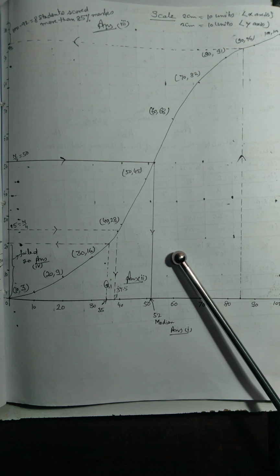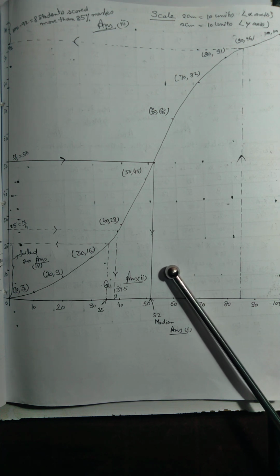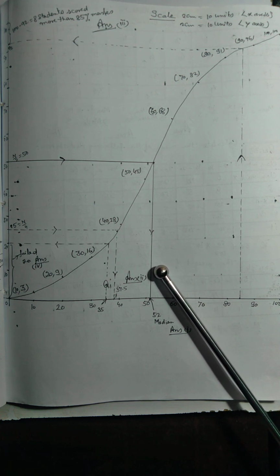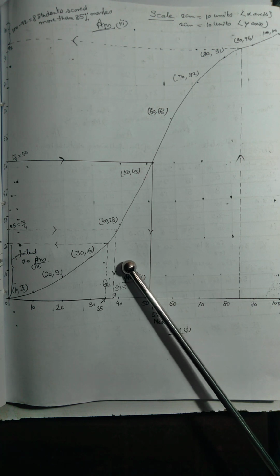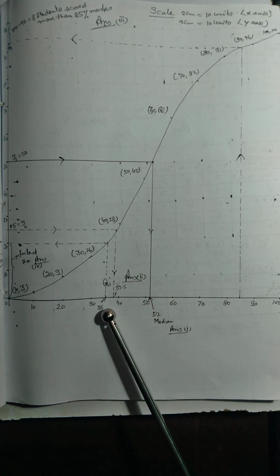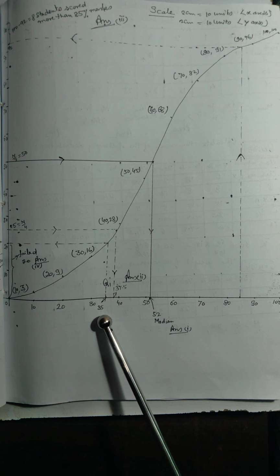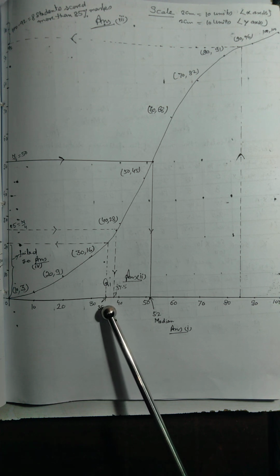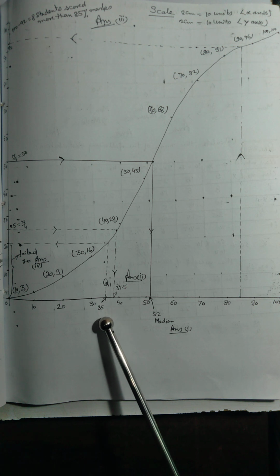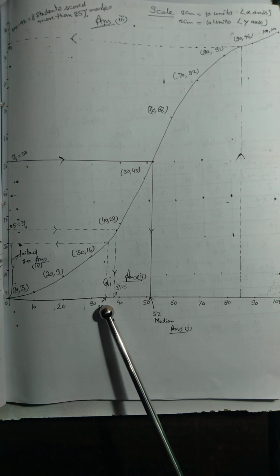Now the next question is the number of students who did not pass in the test if the pass percentage is 35. Now 35 is the pass percentage. We have to find out the students who failed. So first of all we have to locate 35 on the x-axis.